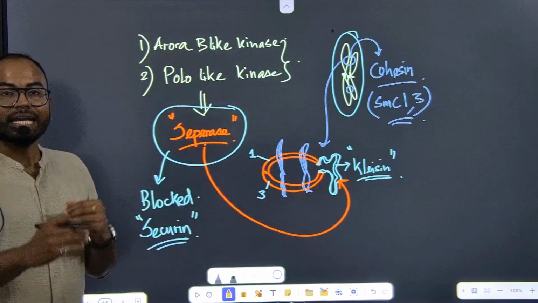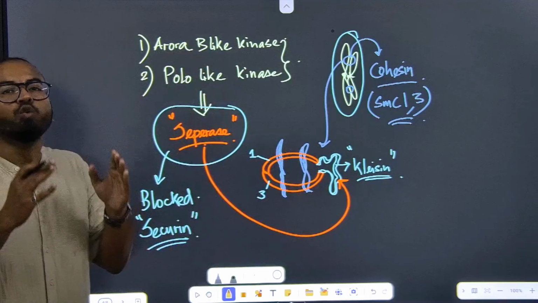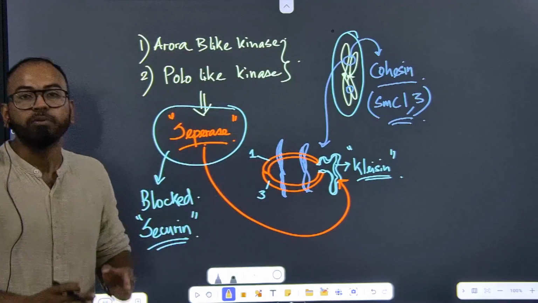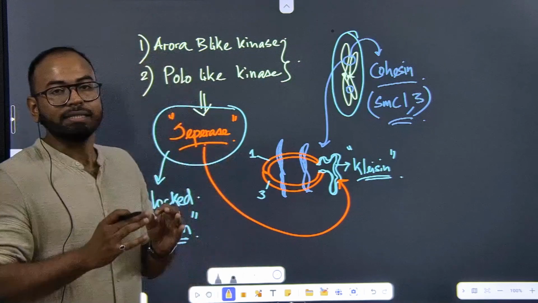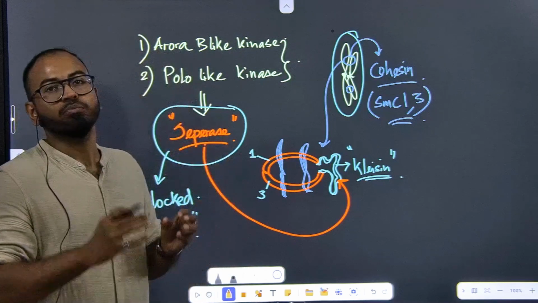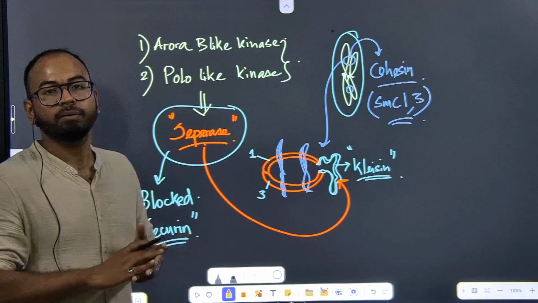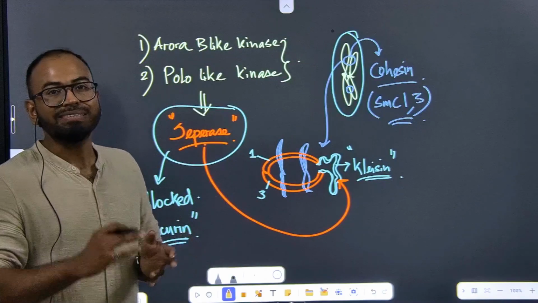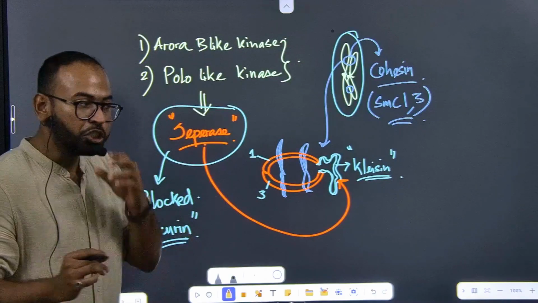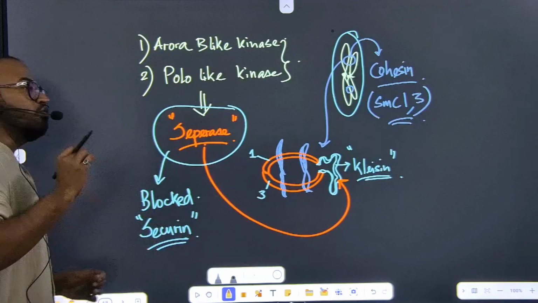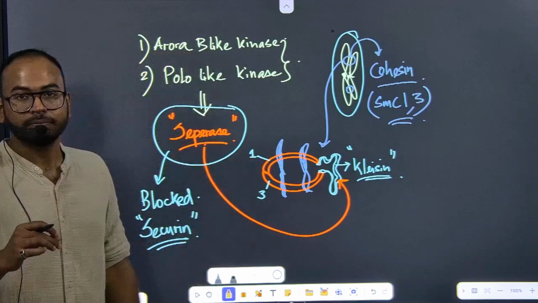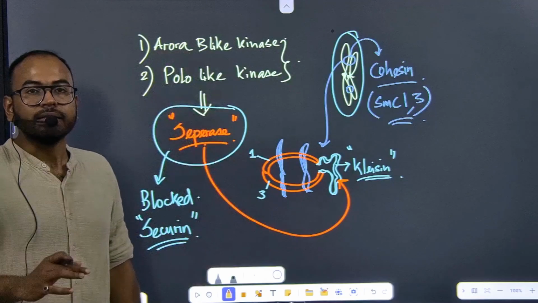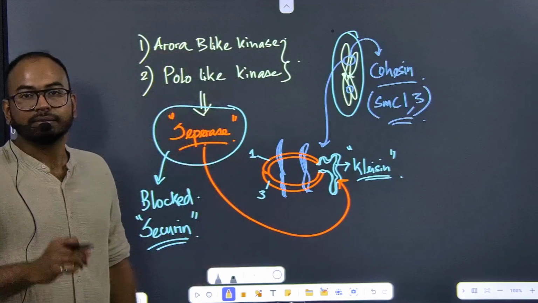This phenomenon in general occurs all over the chromosome except at the centromere. Why so? Because at the centromeric region, there lies securin. What securin does, it blocks separase.